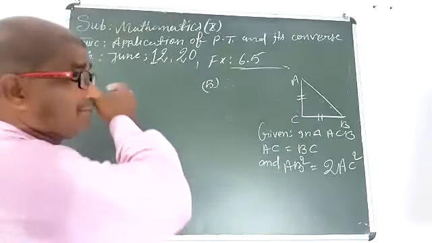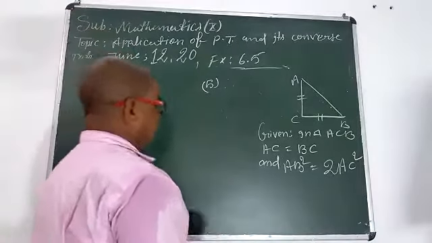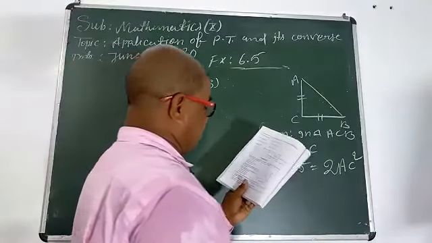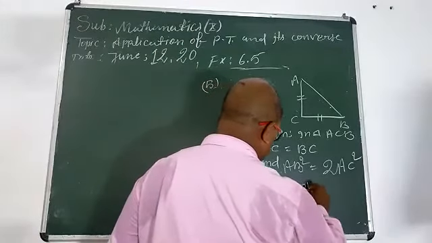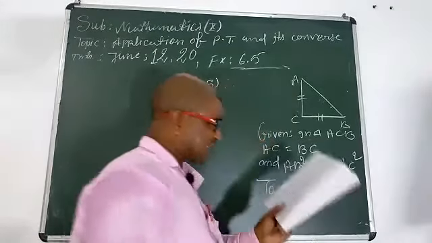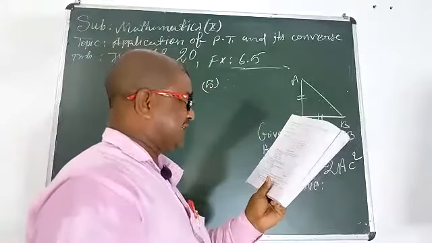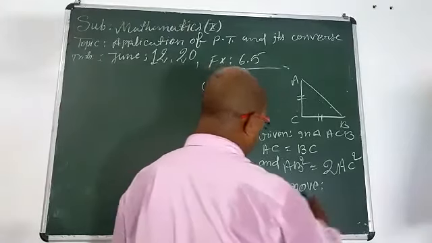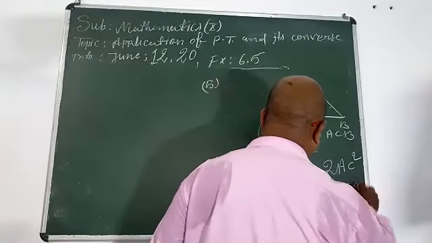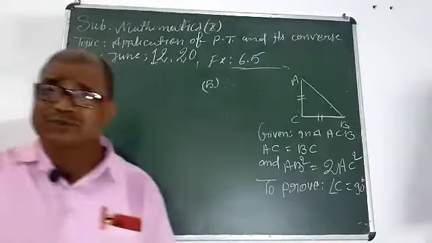It is given. Then what do we want to prove? Take the statement: prove that ABC is a right triangle. It means you should write: to prove angle C equal to 90 degrees.